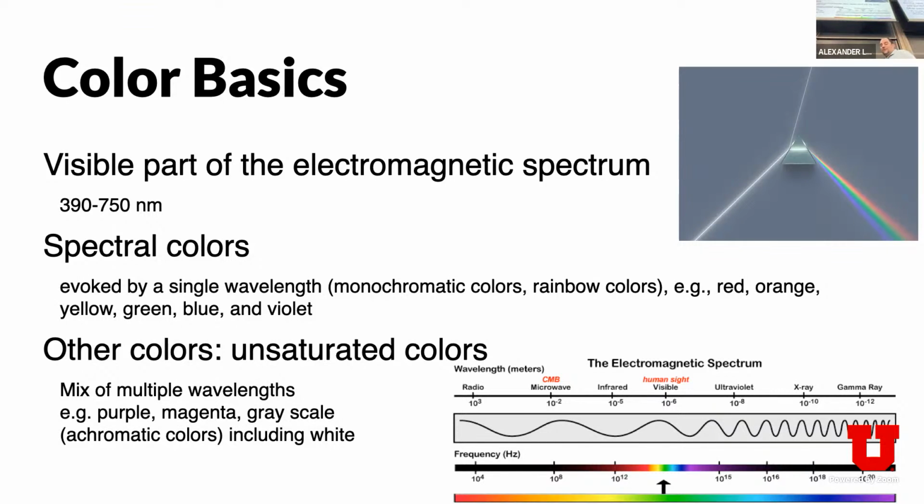The rainbow is made up of these spectral colors. These would be colors such as red, orange, yellow, green, blue, and violet. And all other colors are unsaturated colors, and they're a mix of multiple wavelengths. So for example, purple, magenta, or gray. The achromatic colors, anything that is white or black or gray, will be a mix of multiple wavelengths.